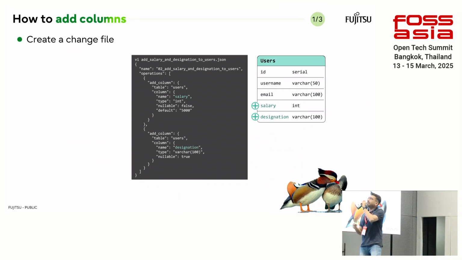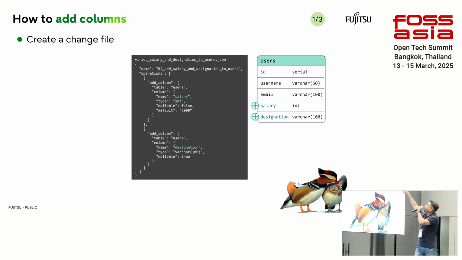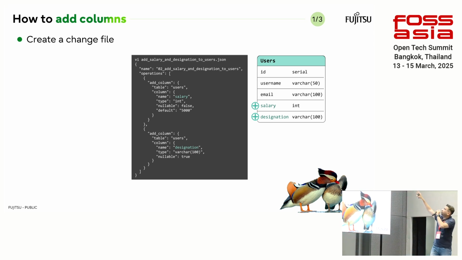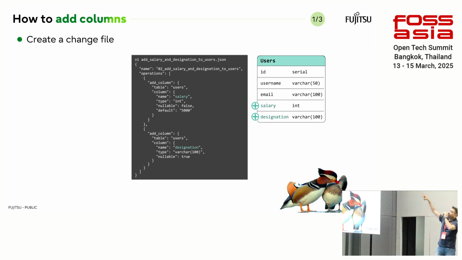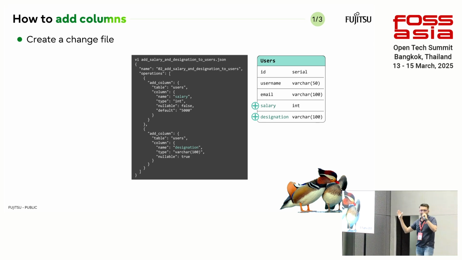Next one is adding a column inside an existing table. I'm going to add two columns, salary and designation, and I'm going to use a not null constraint for the salary column, as well as a default value of 5,000 for the salary column. So this is my change file to accommodate this change.